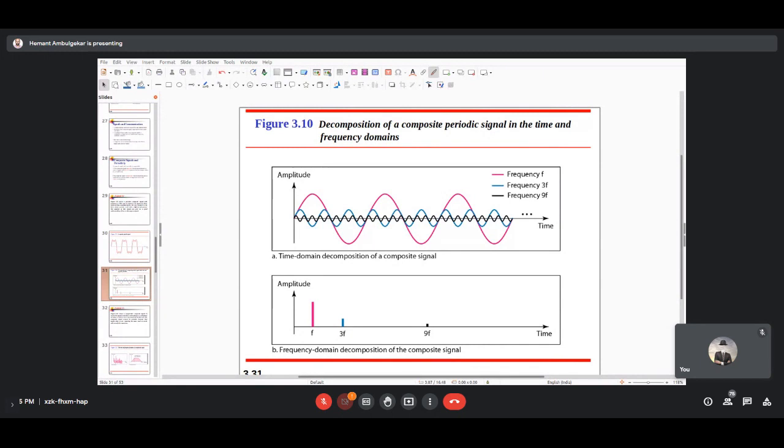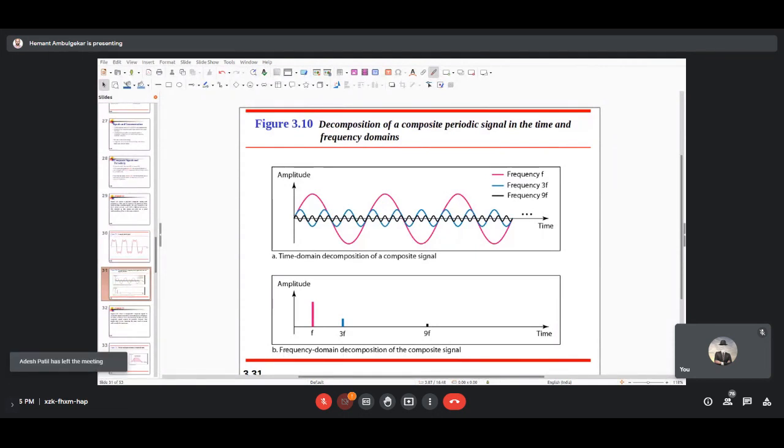Now here we are considering that we have three frequencies. We have three sine waves: one with frequency f, another sine wave with frequency 3f, and another with 9f.